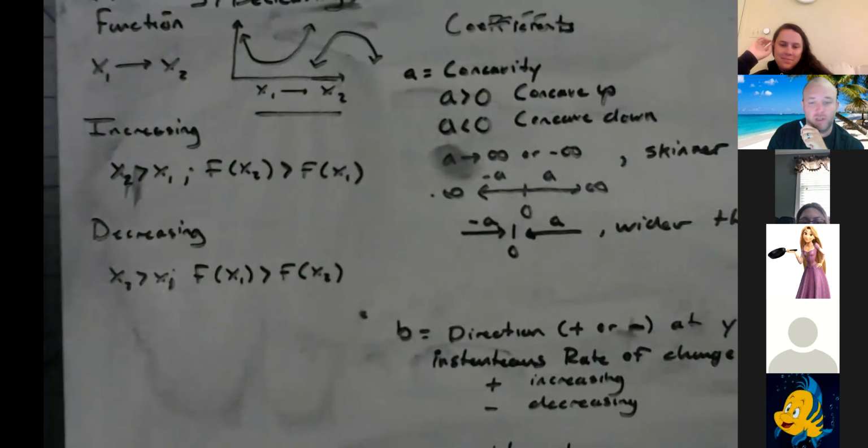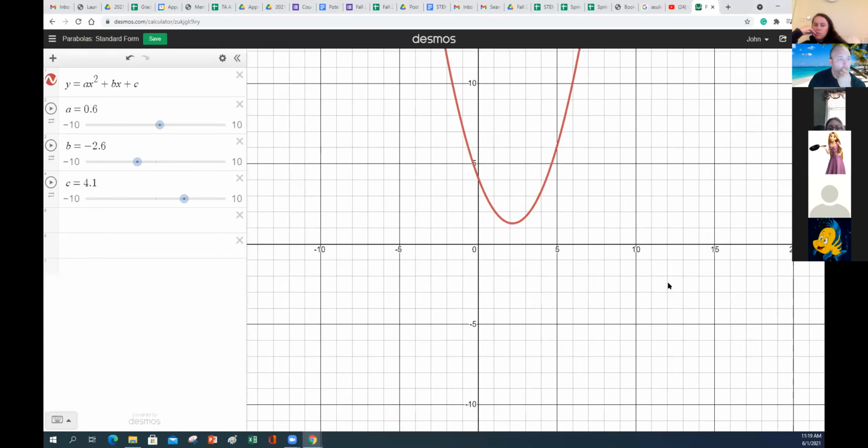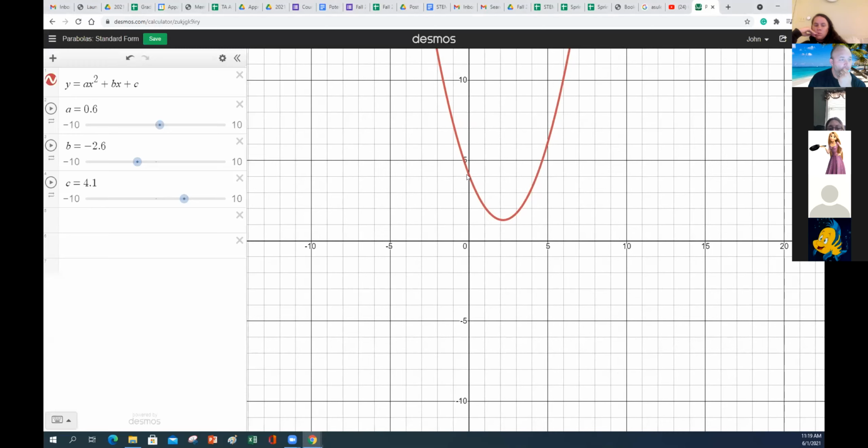We'll go ahead and change over here. Let me know if you can see my Desmos screen here. Okay, so the first thing I'm going to look at is the specific points.